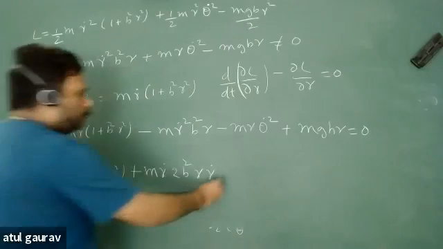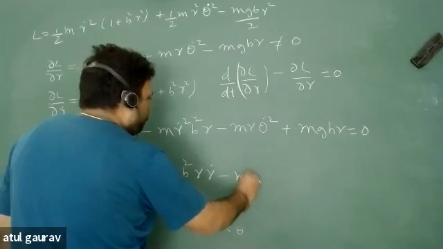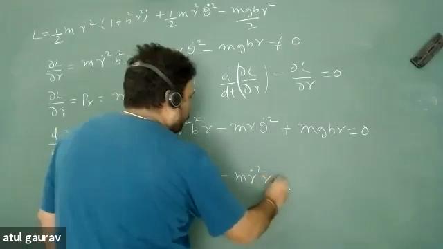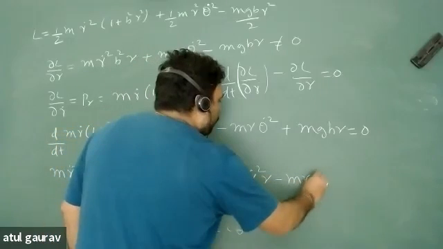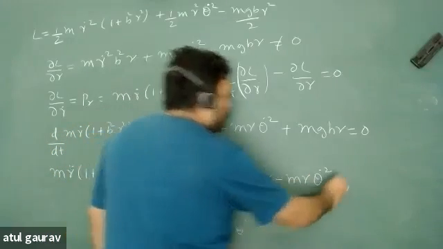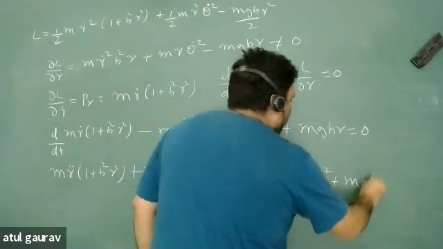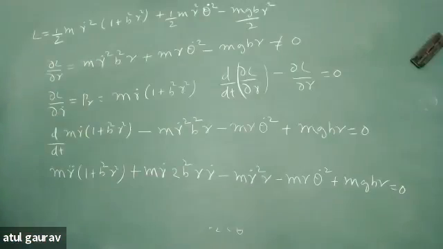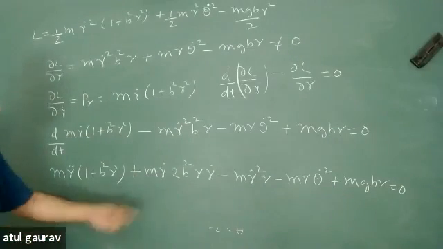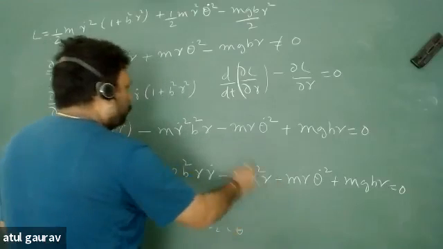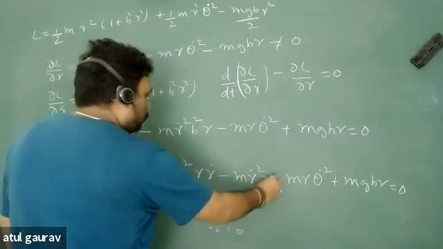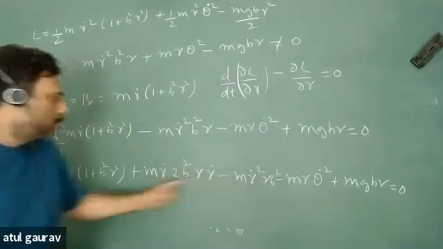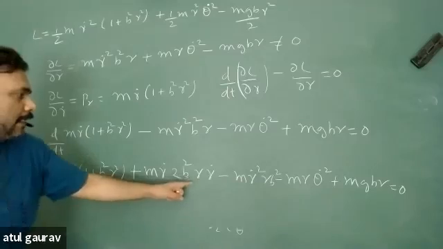And then we have m ṙ² b² r minus m r θ̇² plus m g b r must be equal to 0. Now you can see this is plus 2, this is minus, everything is there, ṙ² is there, r is there.